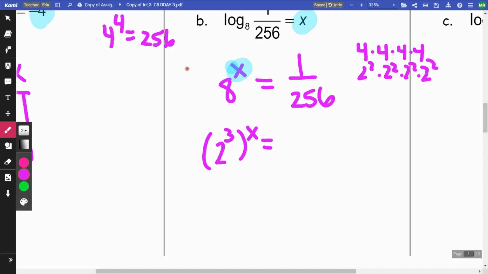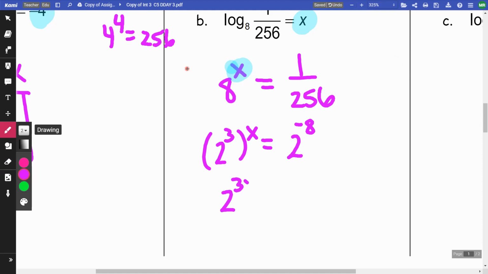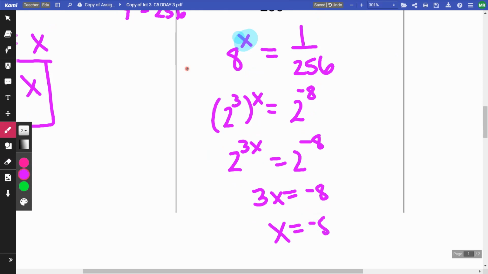I'm going to have 2, 4, 6, 8. So it's going to be 2 to the 8th. It's really going to be a negative 8 because it's 1 over. Okay. Then this is going to be 2 to the 3x is equal to 2 to the negative 8th. I'm going to set my exponents equal. I get 3x is equal to negative 8. So x is equal to negative 8 over 3.